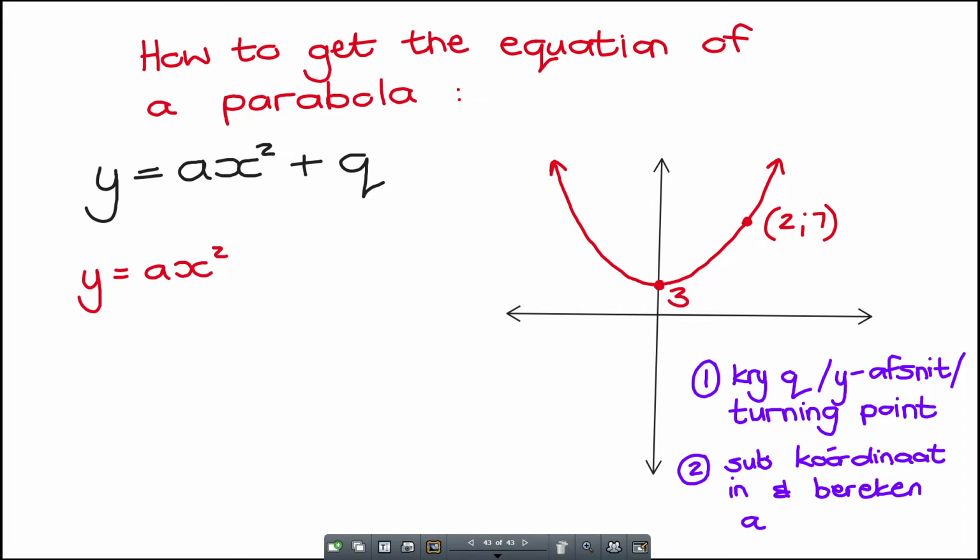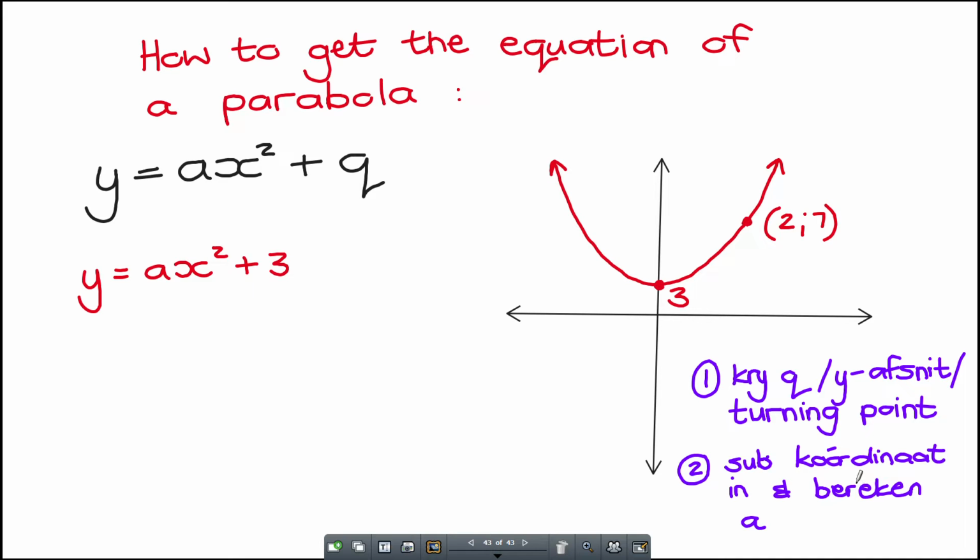So in plaas van q, kyk gou-gou, because that's my turning point, that's also my y-intercept, en dit is die waarde van q. Nee, so dis my gegee as 3, so in plaas van q, gaan ek nou net sê plus 3. You guys good with that? Okay, now step 2.